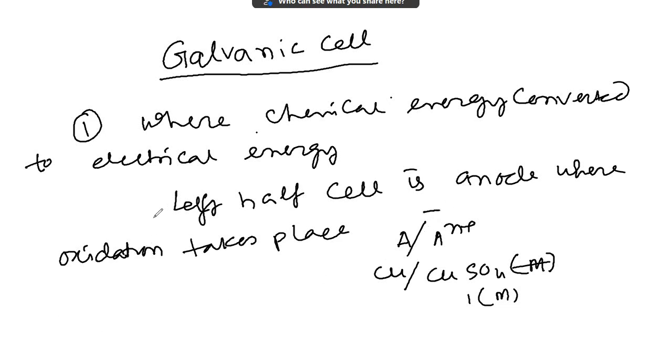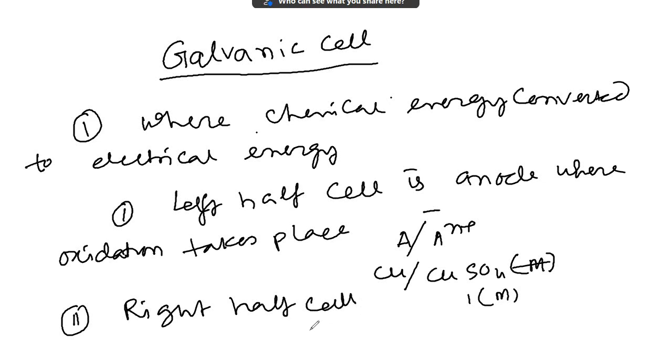Now, the right half cell is known as the cathode, where reduction takes place.